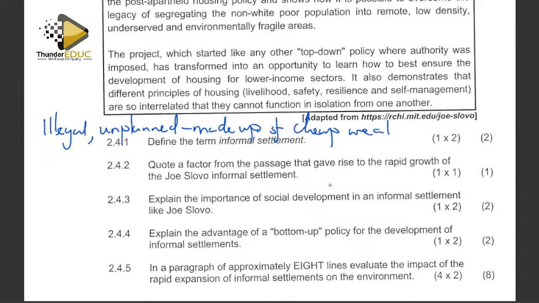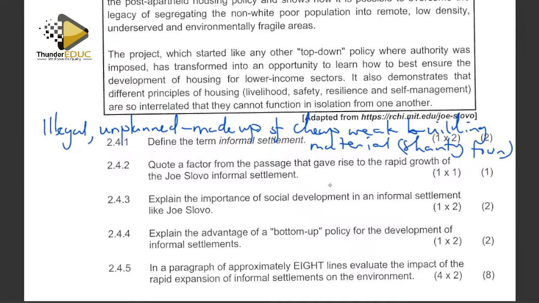Cheap, weak building material. What we commonly refer to as the shanty town. That's an informal settlement.